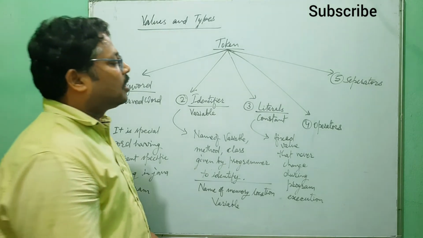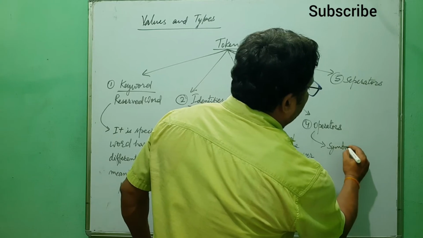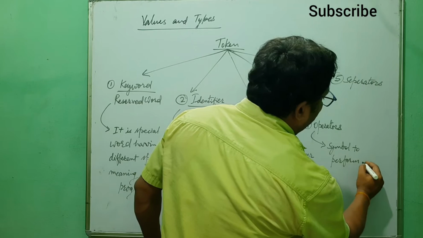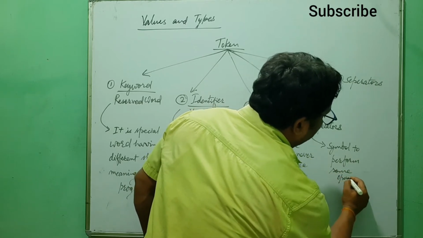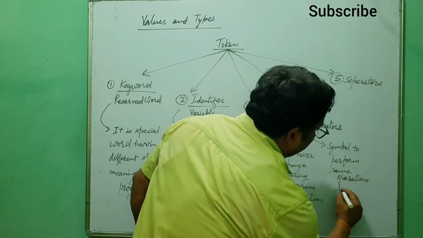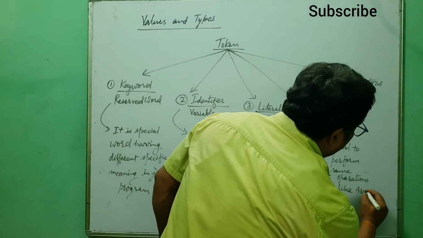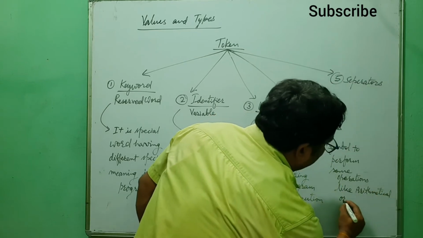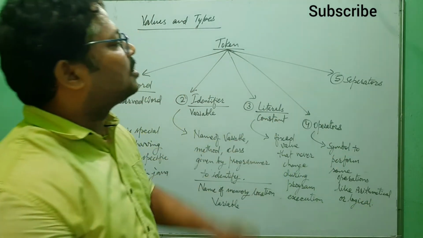An operator is a symbol to perform some operations like arithmetical or logical. So any type of operation can be performed with the help of these symbols.